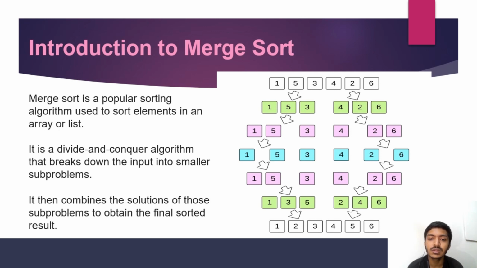So that means 3 has come before 5, which means this part of the subproblem has been sorted. Similarly, for the other side, earlier it was 4, 2 and 6. Now it's 2, 4, 6, which means since 4 is smaller than 6, 4 has come to the left-hand side of 6. Then we merge both the subproblems to form the solution of the problem.